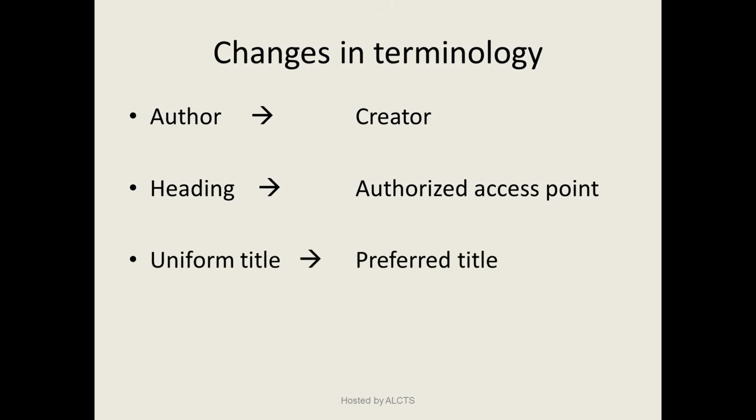Uniform title becomes preferred title. And main entry, well, it is complicated. The concept is still there in RDA, but it is expressed in a different way. We name the work with the preferred title plus the authorized access point for the creator if appropriate.